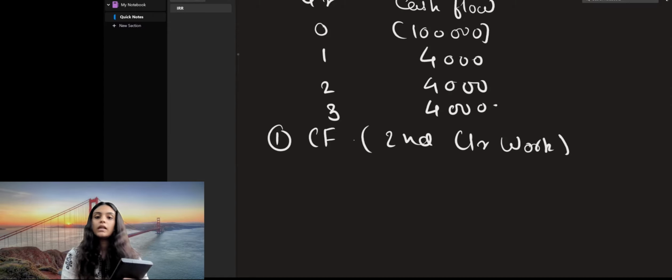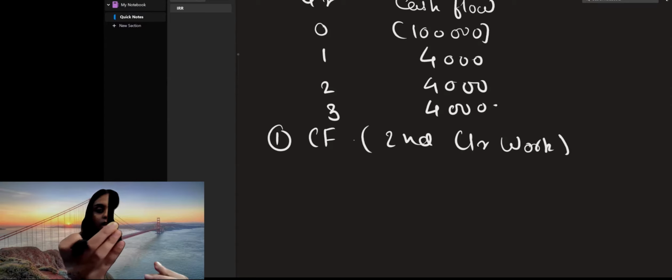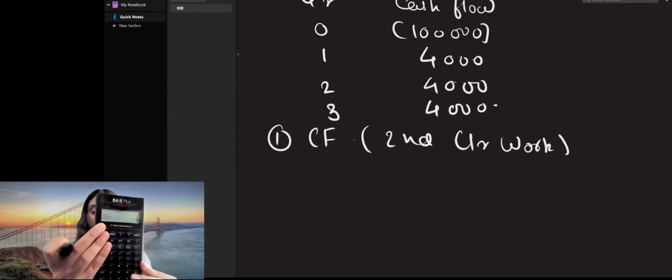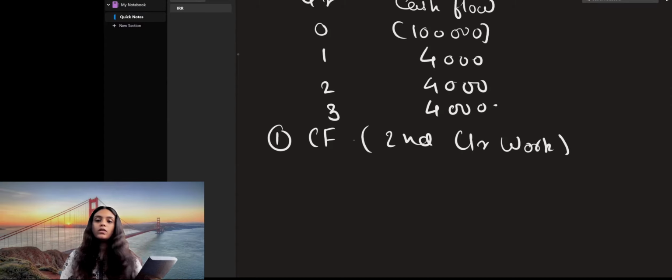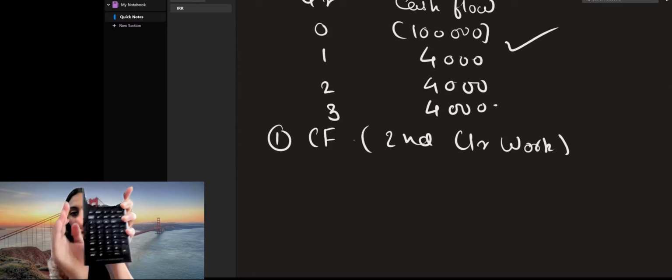So once you have done clear work, first you can see CF0. Okay, CF0. Can you see it? So what does this mean? This means your initial investment. So you put 1 lakh rupees, make it negative with this plus-minus sign.